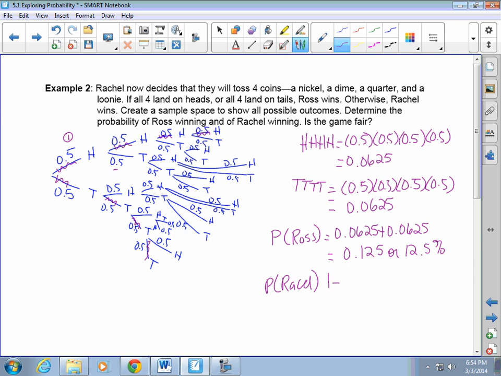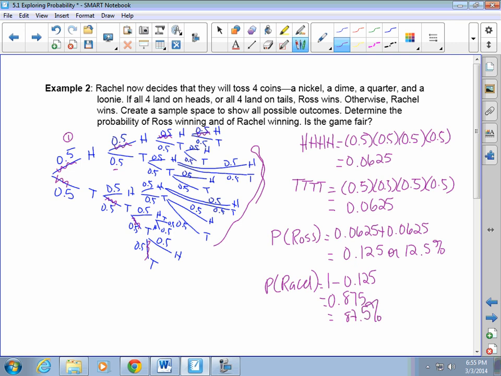If you were to multiply everything else that's inside here together, you would get this answer. But an easier way to do it is to take Ross's away from the total of the probabilities, so 1 minus 0.125 would be 0.875 or 87.5%. So the probability of Ross winning is 12.5% and Rachel winning is 87.5%.